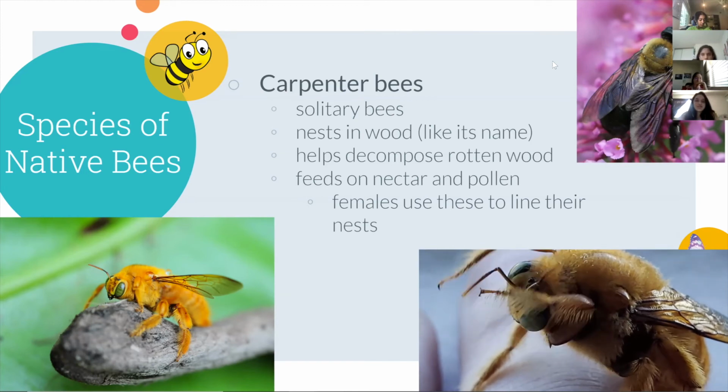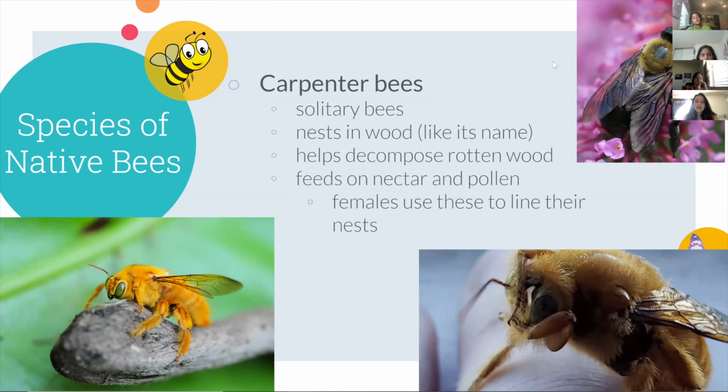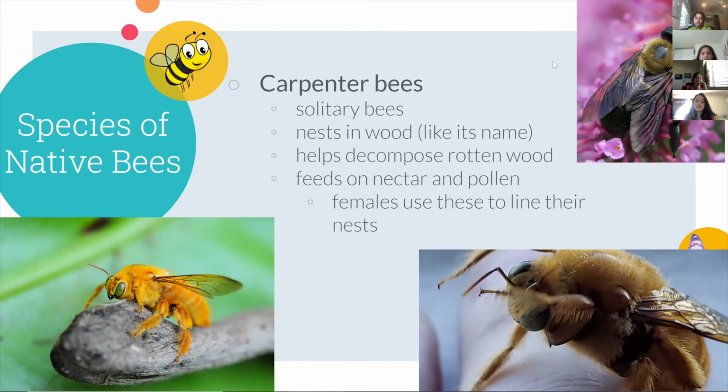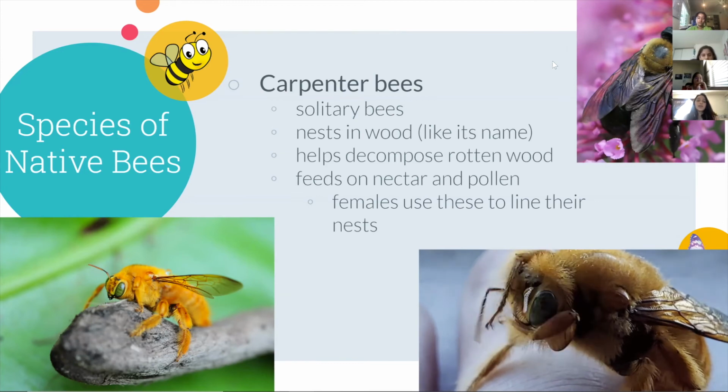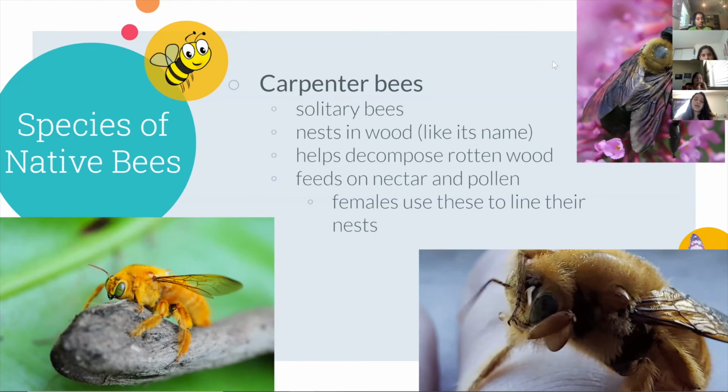Okay, so the next type of bees that we're going to talk about is carpenter bees. And these bees are solitary, which means that they like to live independently or on their own. And as you might guess from their name, carpenter, they are related to wood.